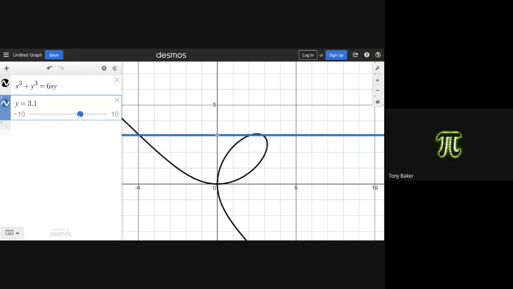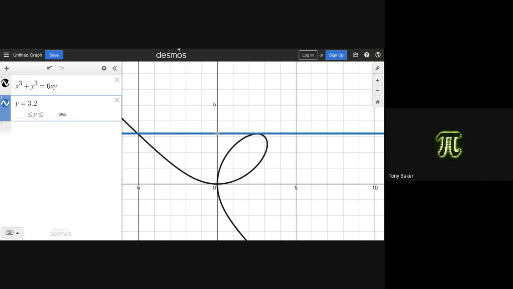So somewhere right around there, right? It's a little off, but somewhere right around there. That'd be horizontal, right?